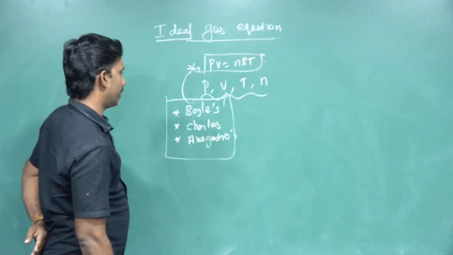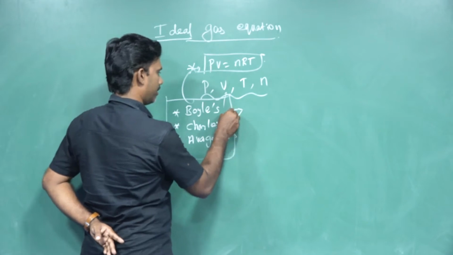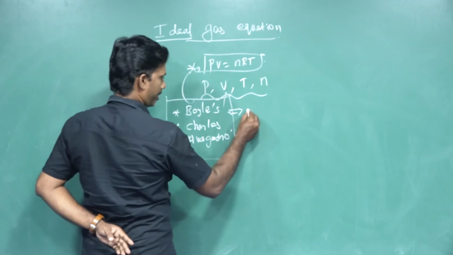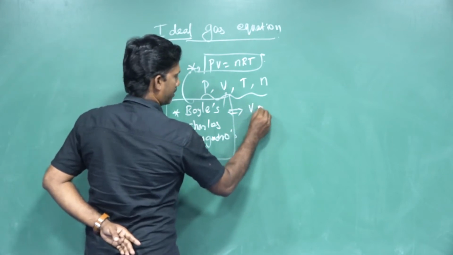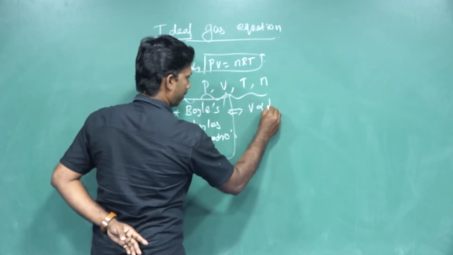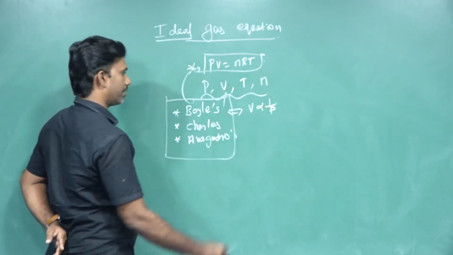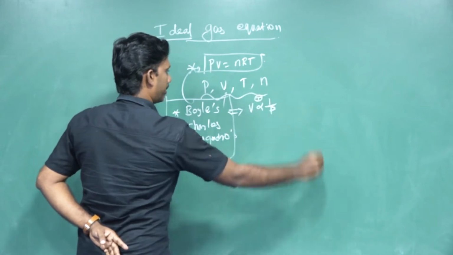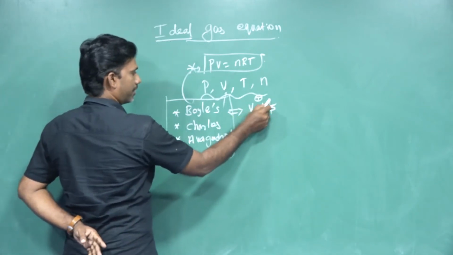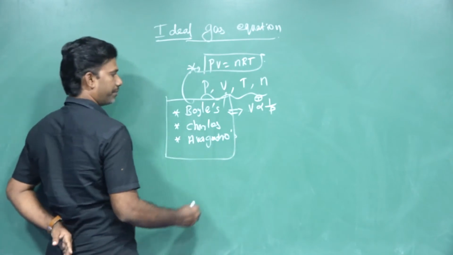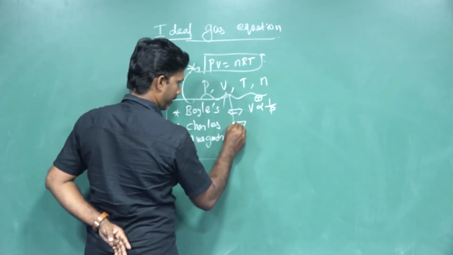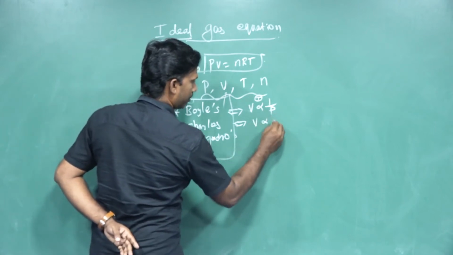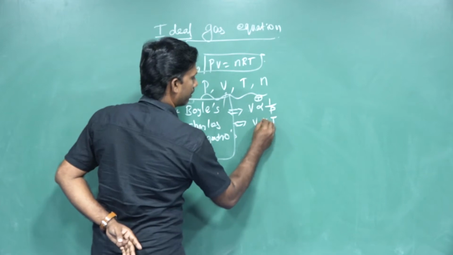How is the equation derived? Let us see. What Boyle says: at a constant temperature, the volume of a gas is inversely proportional to the pressure. This is the statement of Boyle. In Charles' law, the volume of a gas is directly proportional to temperature at a constant pressure.